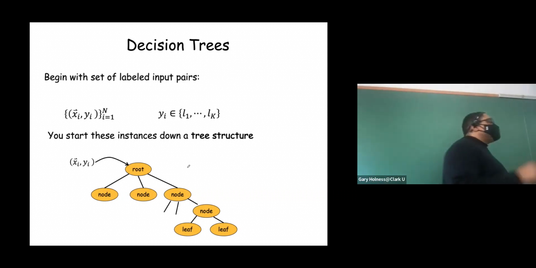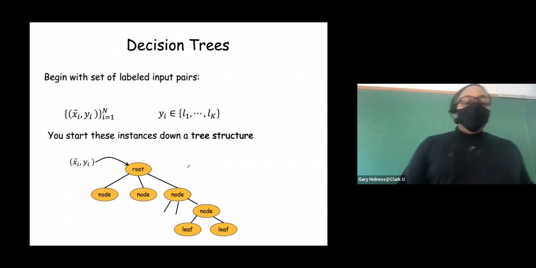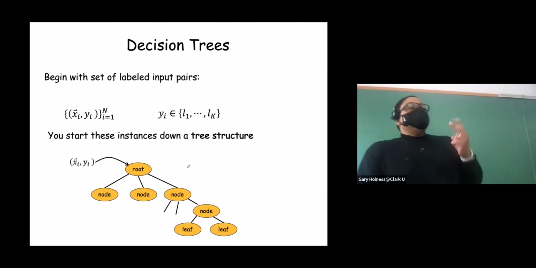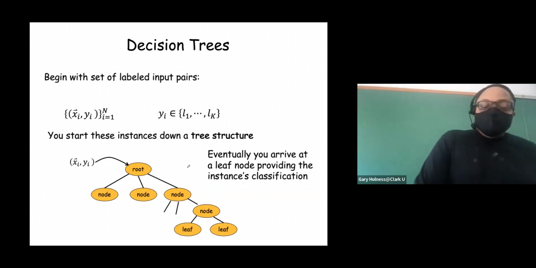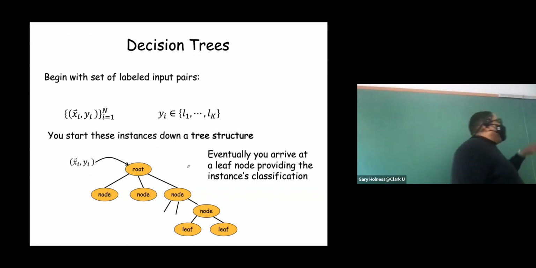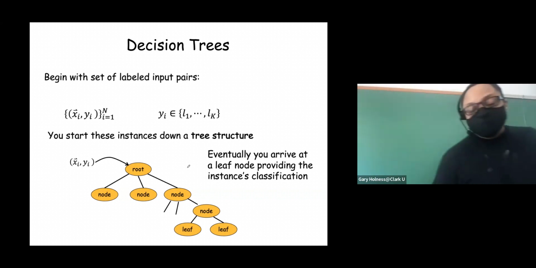You can also choose a bunch of different tests for that same instance that has more than one alternative for its outcome. But for the theory, we're going to talk about the two-way outcome case, passing the test and failing the test. Eventually, your new data point, if you traverse this tree, applying the test corresponding to each one of the nodes in the tree, comes to rest in a leaf node. And when it comes to rest in a leaf node, you're going to look at the majority class label of all of the training examples that have accumulated in that leaf node.